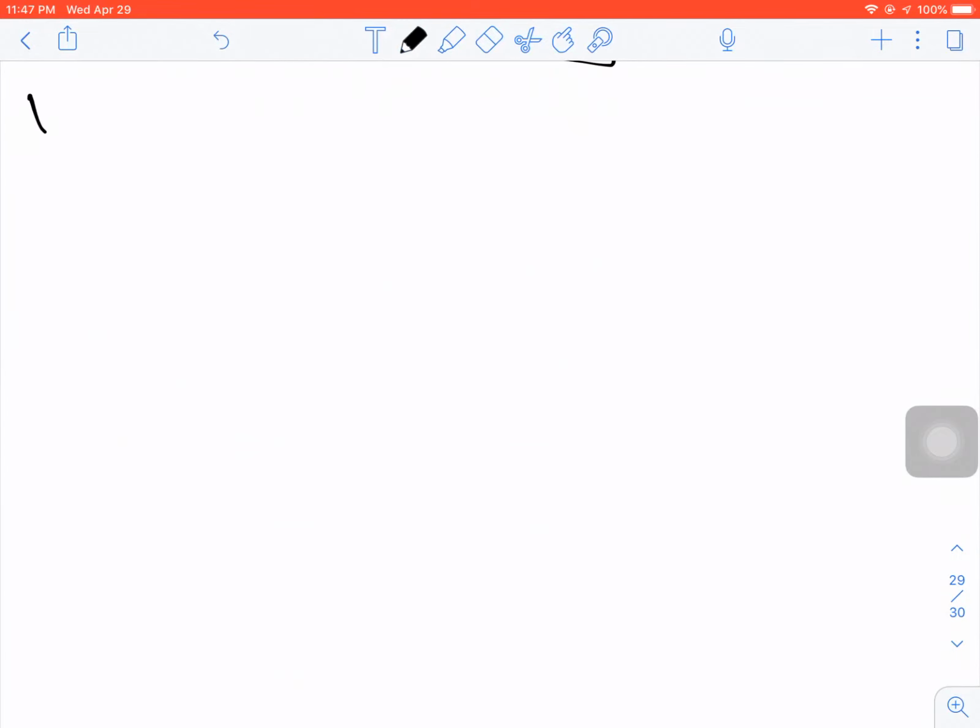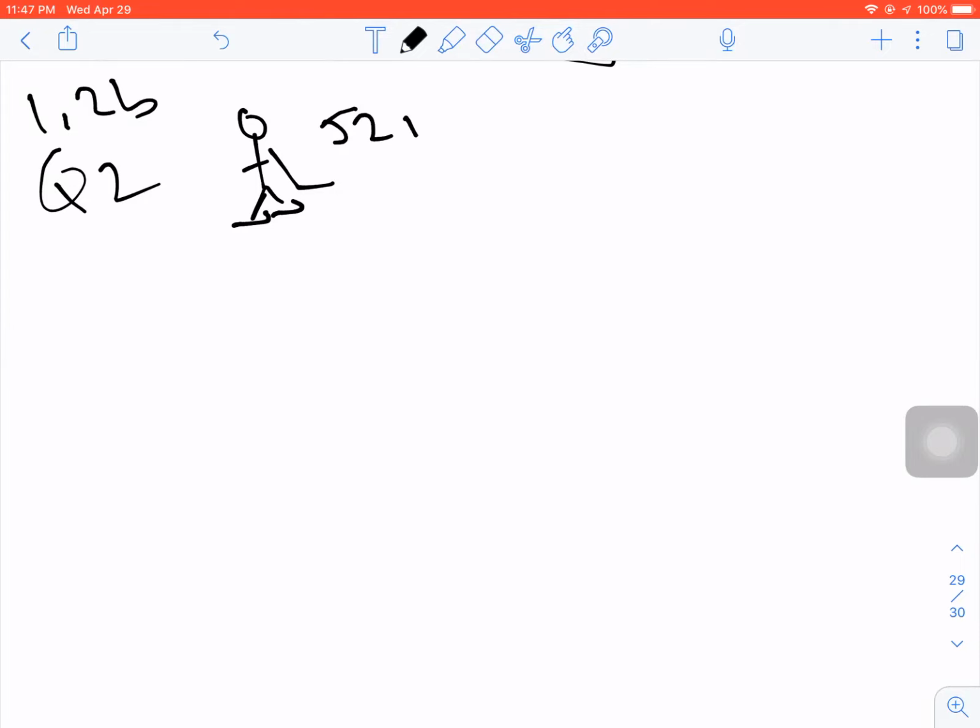Okay, so this is 1.2b, question 2 again. Question 2 says, a 52 kilogram ice hockey player, so let's get my ice hockey player here with some skates going, 52 kilograms, is moving at 11 meters per second.